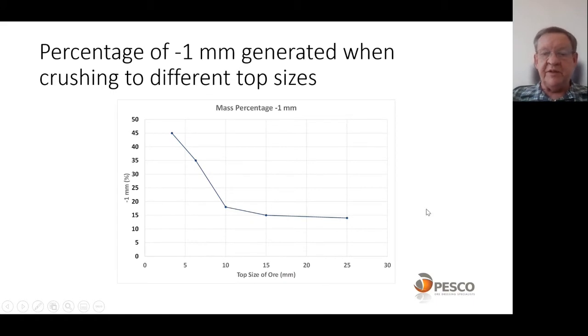If we go back to the top size, we're now trying to establish what our best top size is. As you crush to finer and finer top size, you generate more and more minus 1 millimeter. Going from 25 to 15 mil, there's a bit of an increase. From 15 down to 10, there's more. From 10 to 6.3, there's a lot, and from 6.3 down to 3.35, there's also a lot more.